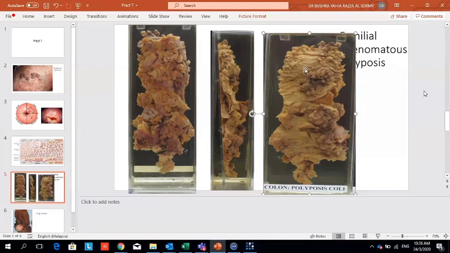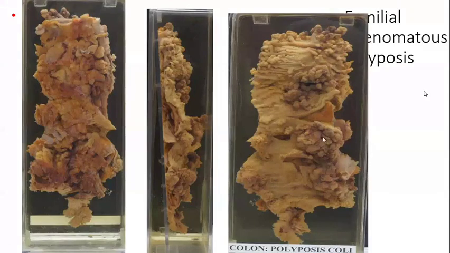We call this pedunculated. Okay, is it clear? This one, can you see? Yeah, whitish gray. It's grayish polyps, numerous polyps.